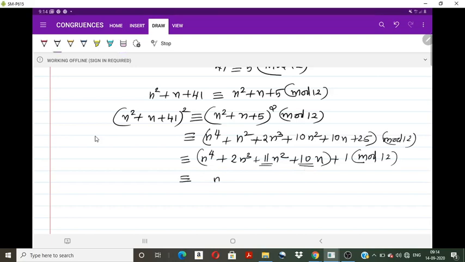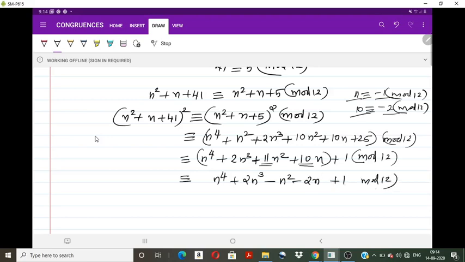So this is n raised to 4 plus 2n cube. Since 11 is a big number, 11 is congruent to minus 1 modulo 12, and 10 is congruent to minus 2 modulo 12. So instead of 11 and 10 we can take minus 1 and minus 2 respectively: minus n square, minus 2n, plus 1 modulo 12.